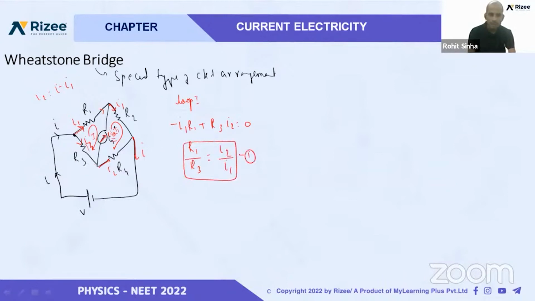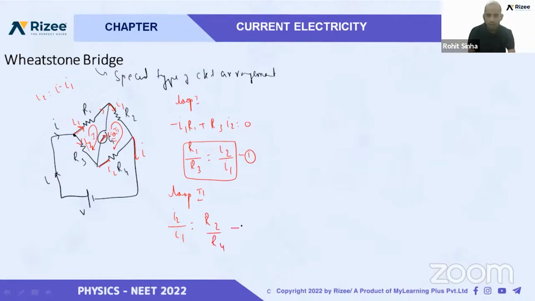Similarly, when we write KVL in loop 2, we will get I2 by I1 equal to R2 by R4.